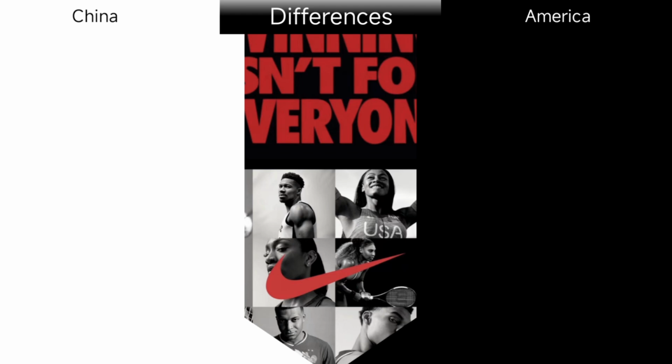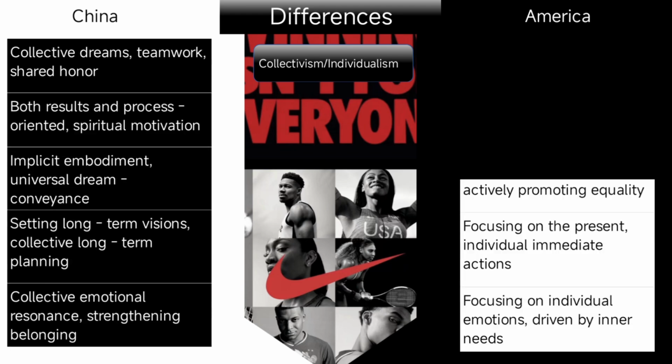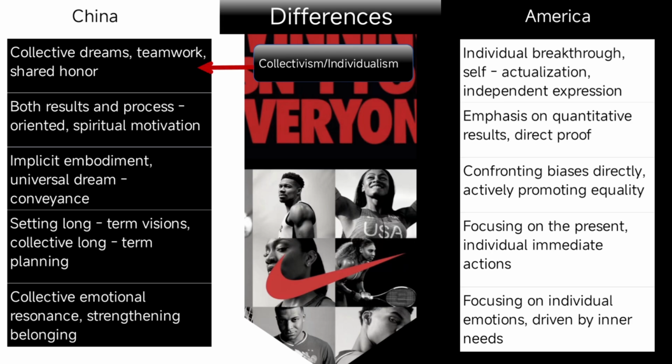However, there are also some big differences. I have selected 5 points from the global cultural dimension and conducted a comparative analysis between the two countries. First, from the perspective of collectivism and individualism. In China, there is an emphasis on collective dreams, teamwork, and shared honor, highlighting the importance of group harmony.